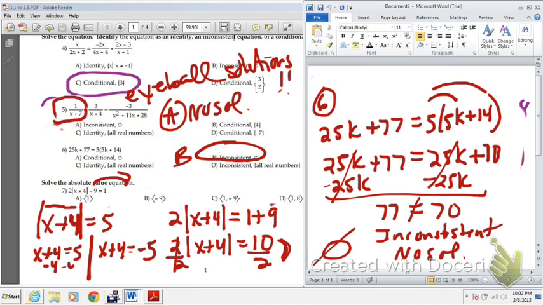We go ahead and subtract off the 4. We're going to get x equals 1 as one possible solution, or if I move 4 to the other side, I'm going to get x equals -9.